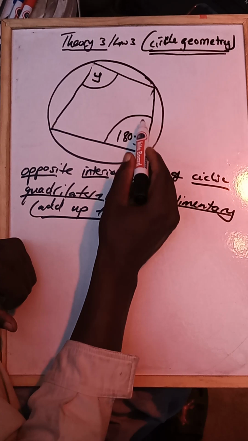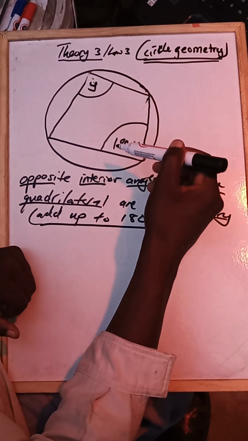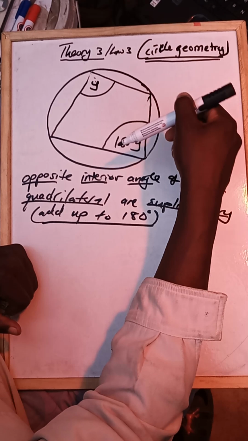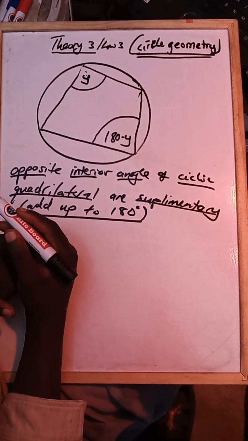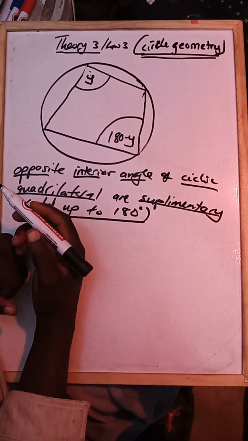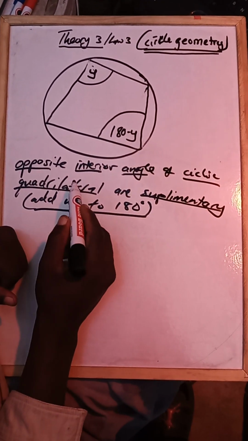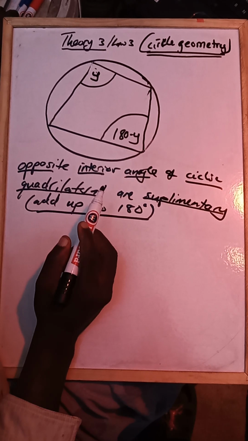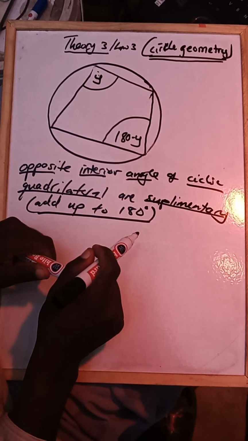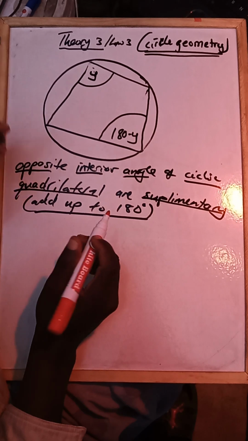This means if this is y, the other angle is 180 minus y. Okay, what I want to talk about is a cyclic quadrilateral on its own. What is a cyclic quadrilateral?